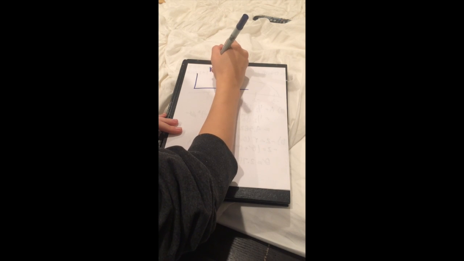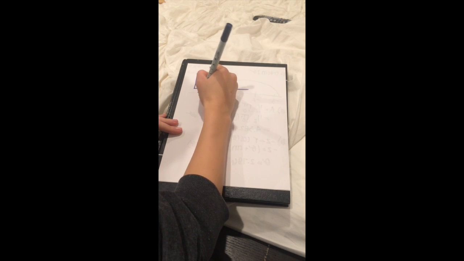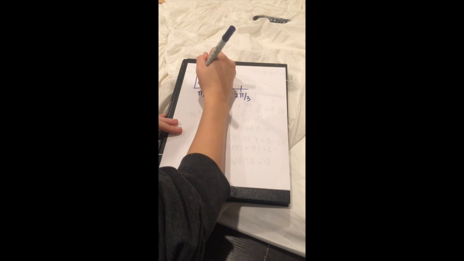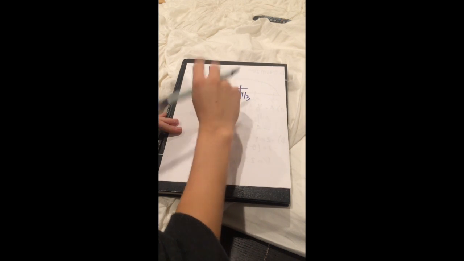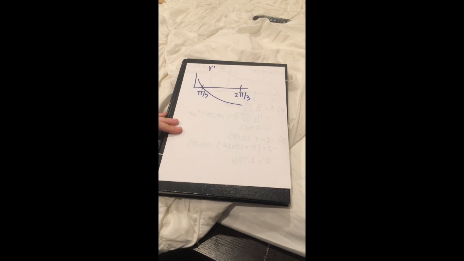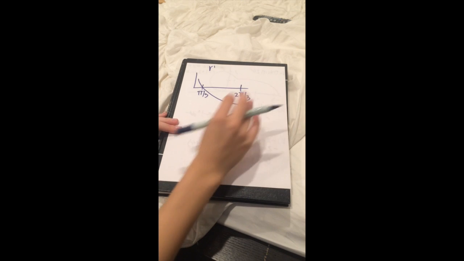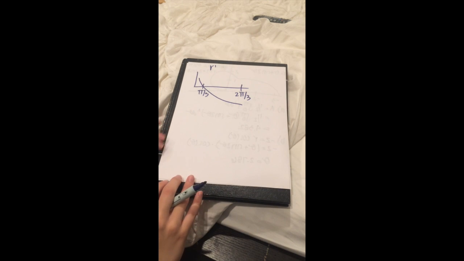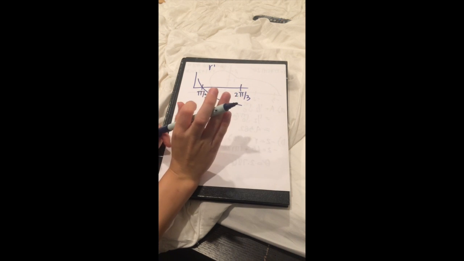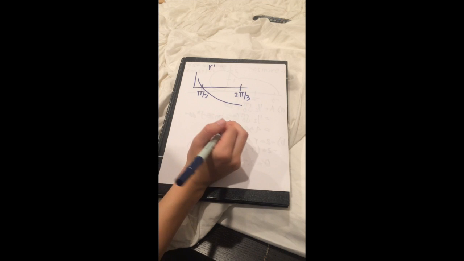this is our graph of r prime. Here's pi divided by 3, and here's 2 pi divided by 3. In between these intervals right here, r prime is negative, meaning it's below the x-axis. So what does this mean for our graph of r? When your prime graph is negative, it means that the slope of your normal graph is decreasing there.